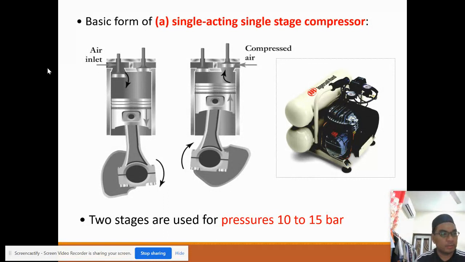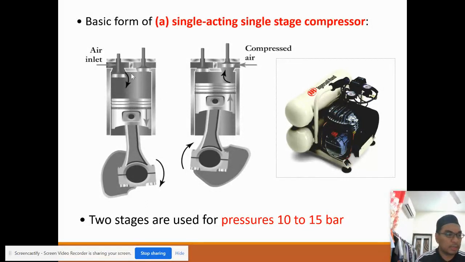The function is that the air movement is only a single action, because it moves the air inside the cylinder and then compresses it in one shot movement. That is why it's called single acting.